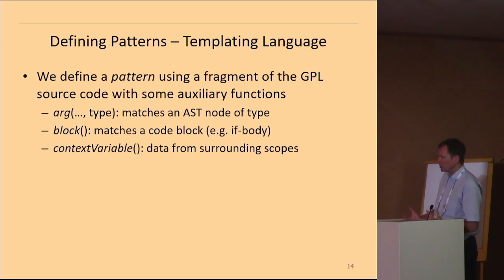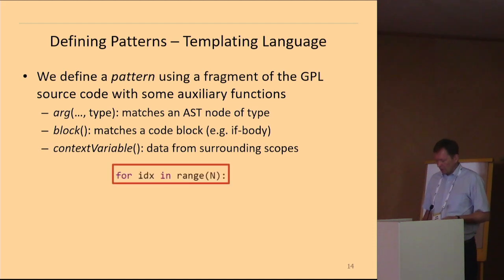It can be JavaScript, it can be Python, or any other language, and we enhance this with a few function calls which extract variable parts. The most important variable part is argument, which extracts a variable or something like a string, and block, which allows you nesting of these projections.